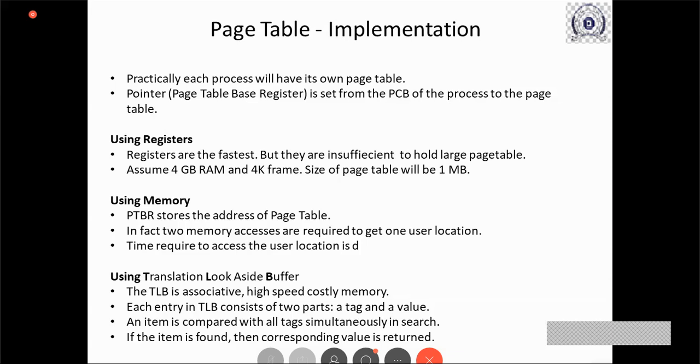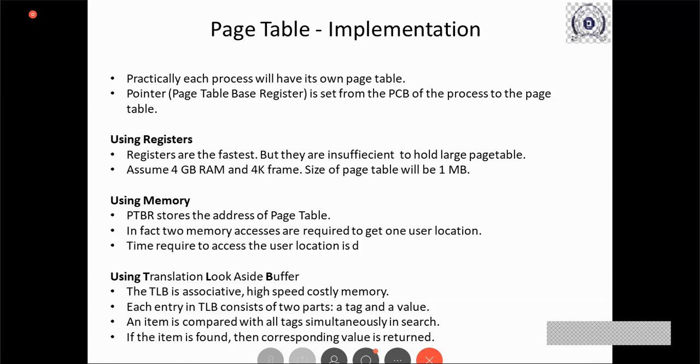So that's why nowadays we use a separate storage mechanism, called a translation lookaside buffer (TLB), for storing the page table. TLB is associative memory. It is high speed memory, but a costly memory.